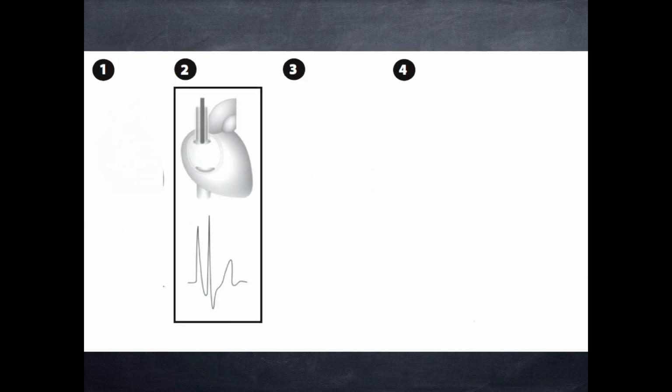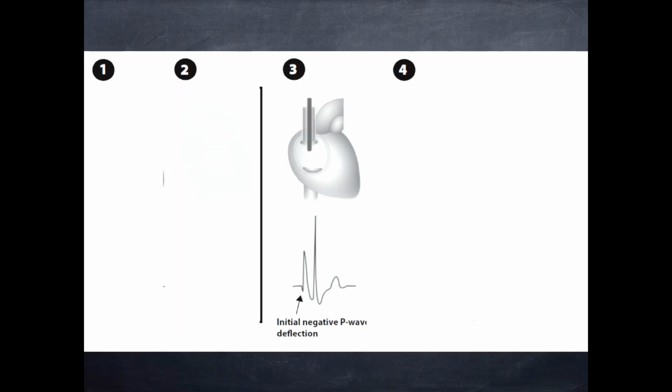As you go down further, to the cavoatrial junction, you get a large P wave and there's no negative deflection. This is called P max. We're looking for P max. As you go past the cavoatrial junction, you're going to get a negative deflection in the P wave. And it tells you that you've gone a little bit past the SA node.